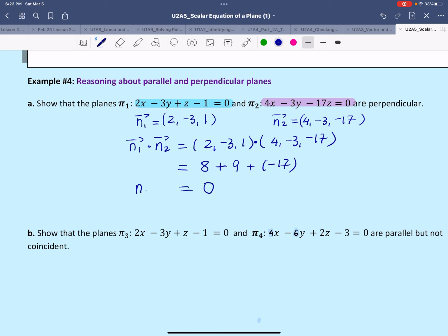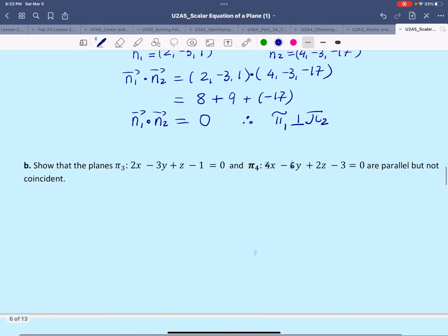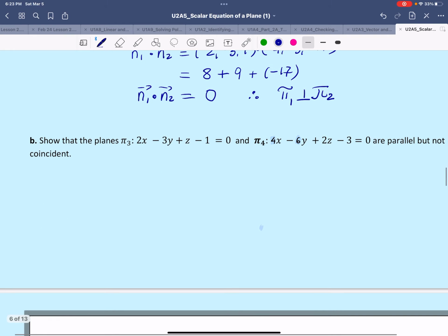So therefore, we'll say that n1 dot n2 equals 0, which tells us that the plane pi 1 is perpendicular to plane pi 2.